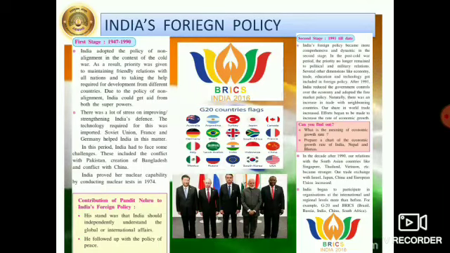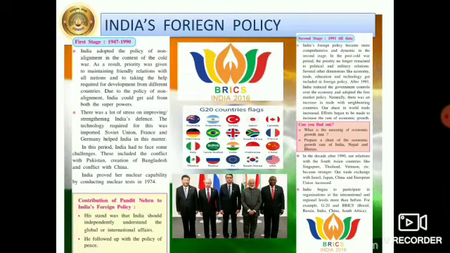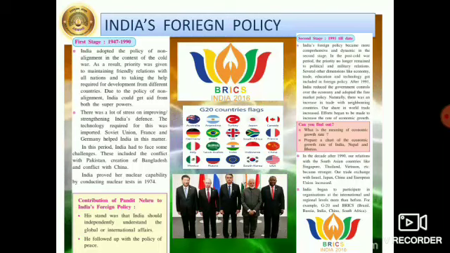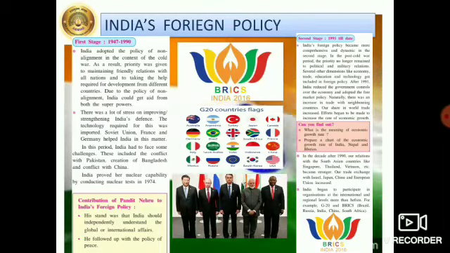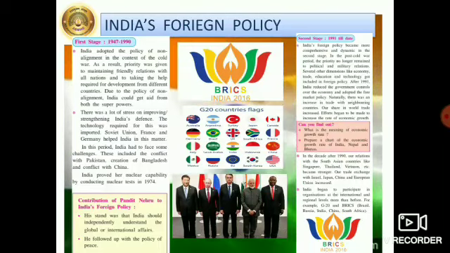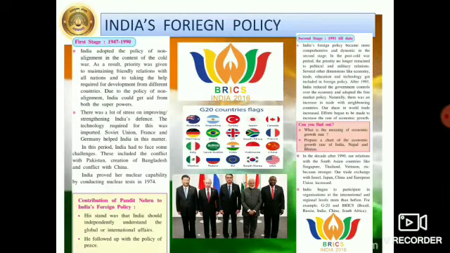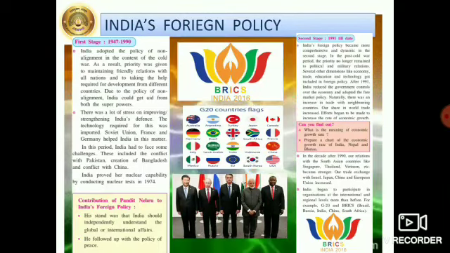So today our country has trade relationships with the maximum number of countries in the world. India began to participate in organizations at international and regional levels more than before. And today India is in every international or regional program or organization.